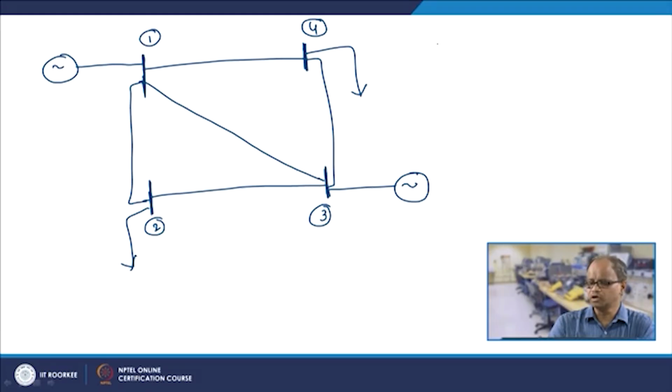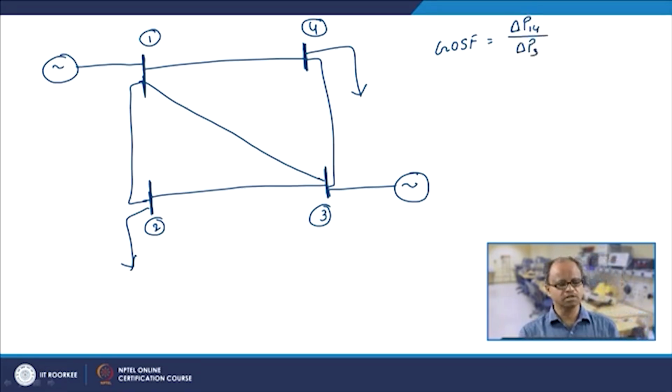Then GOSF, and let us say we are talking about the change in real power injection at bus 3, for this case would be delta P14 by delta P3.